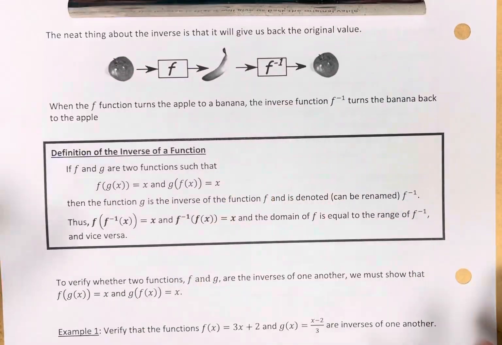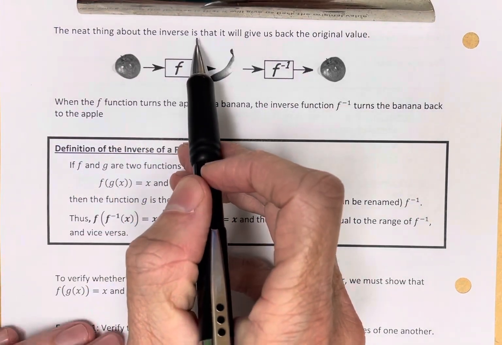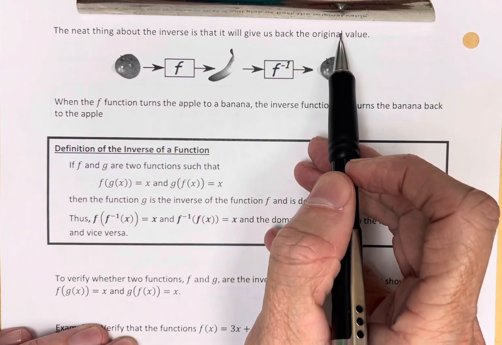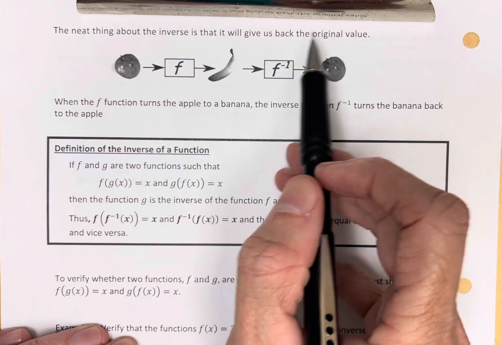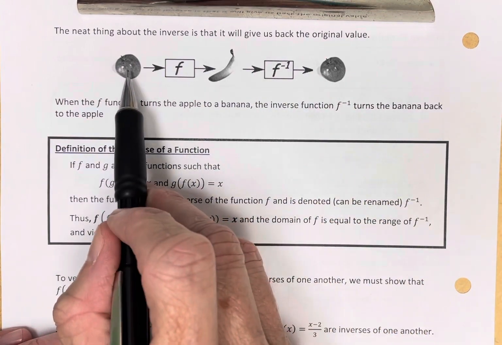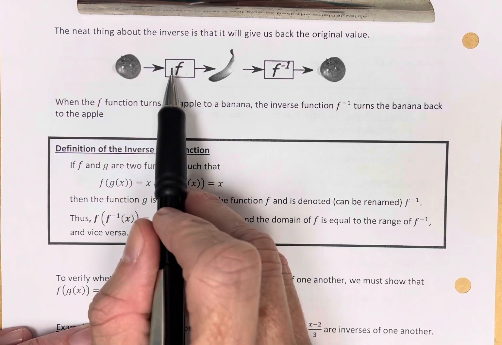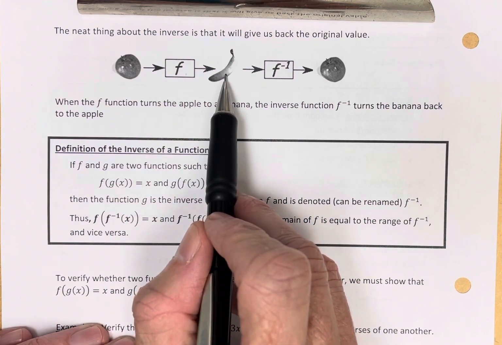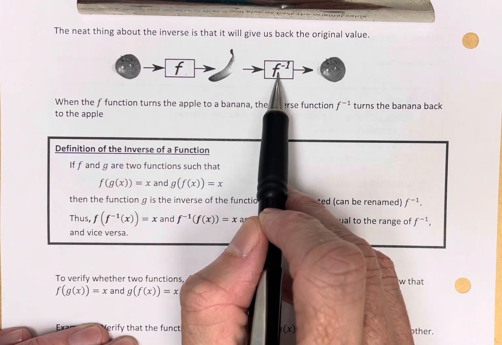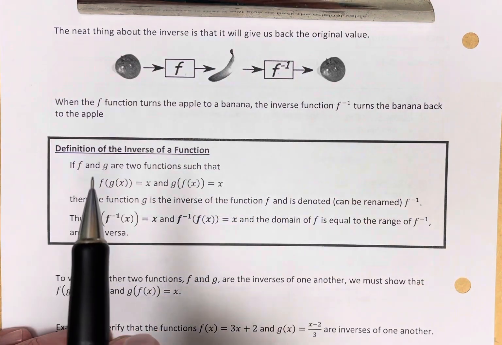Okay, here's another diagram for us. The neat thing about an inverse is that it'll give us back the original value. Same thing with adding and subtracting. You get back to where you were. Well, if an apple goes into the function and magic happens and out comes a banana, if the banana goes into the inverse function, f inverse, it'll give you back the apple, so to speak.